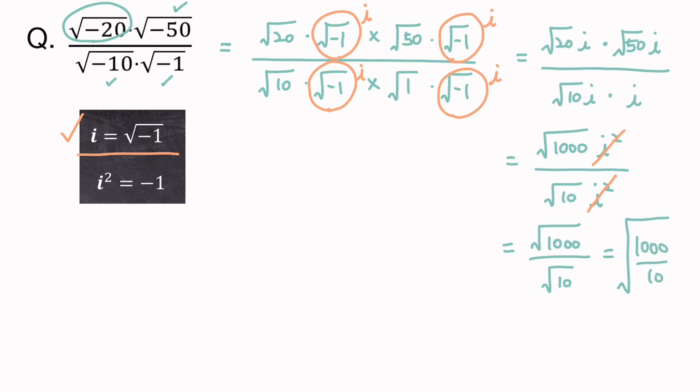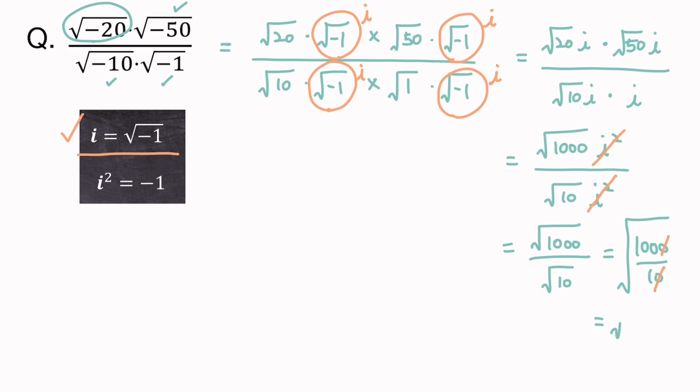Since I can divide both top and bottom of my fraction by 10, I can get rid of that 0 from both top and bottom, which will give me the square root of 100 over 1, which is equal to the square root of 100.